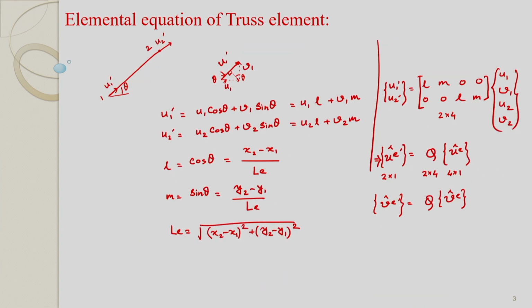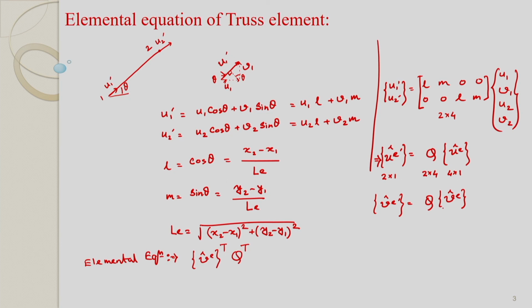So, we can write the elemental equation as VE transpose Q transpose.